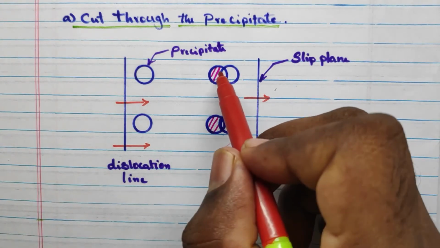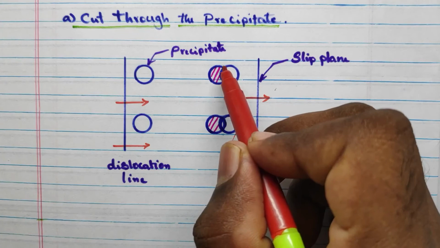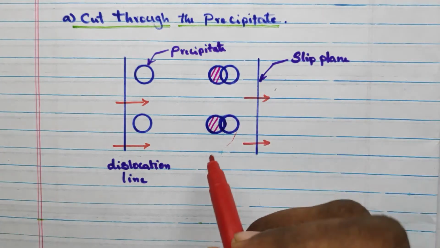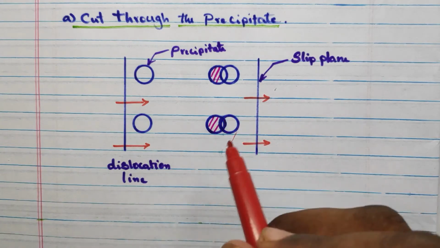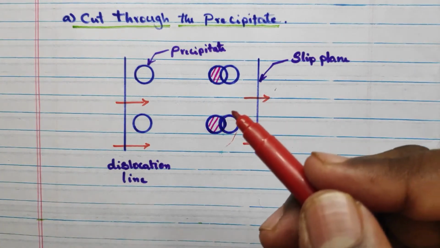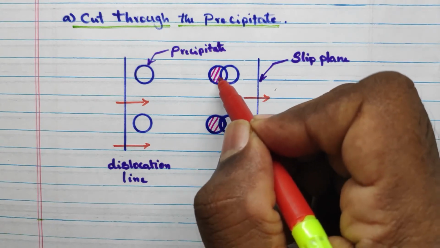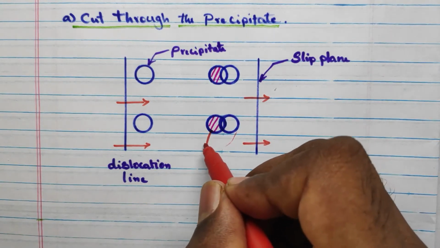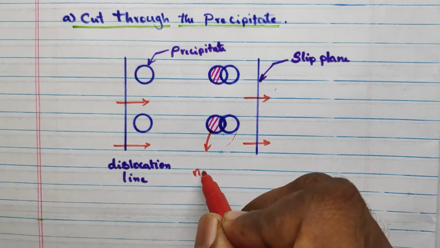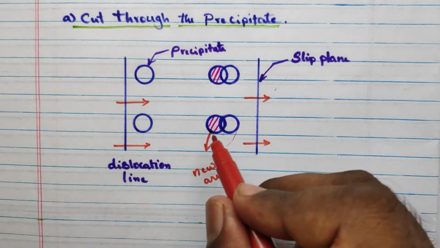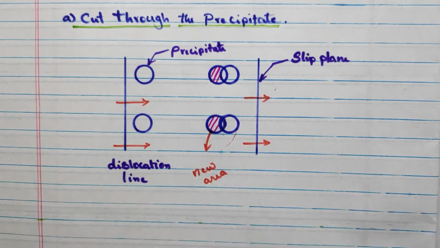You can see here the upper portion of this precipitate, just like that ball, is moved some distance. You can see this evidently from this image. During this, a new surface, a new area, is exposed.